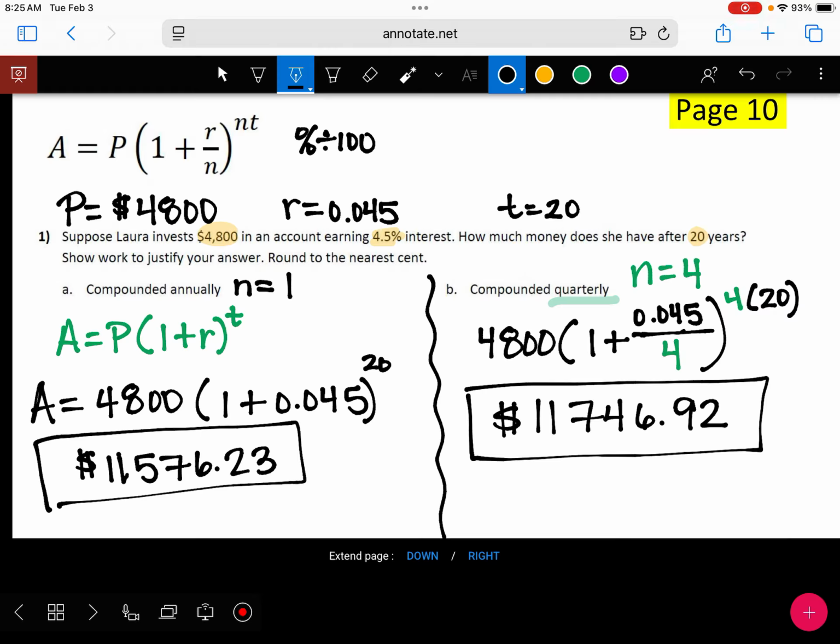All right, go ahead and do C. When it's C, it says weekly. What is my n value changing to now? How many weeks are in a year? 52. Go ahead and set it up again.